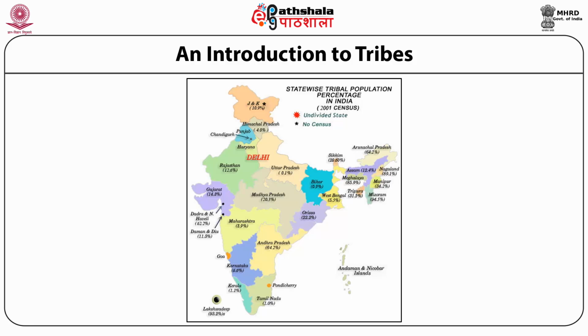Also, you find population of tribes in Dadra and Nagar Haveli, Daman and Diu, and towards the northern region of India, you find very low tribal concentration in Uttar Pradesh and Bihar, where you can find only 0.1% in Uttar Pradesh and 0.9% in Bihar. Whereas, except Chandigarh and Punjab, you find tribal population in Himachal Pradesh, that is 4.0%.